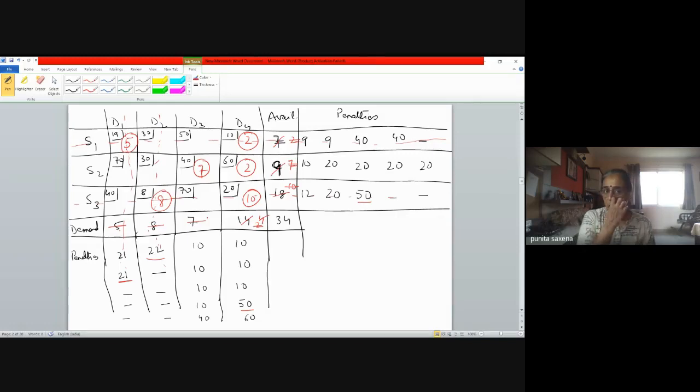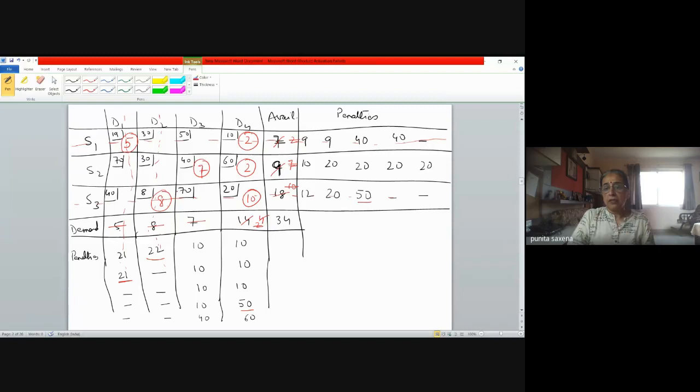That means all available products supplied, all destination demands satisfied. Now count the allocations that you have made. It's 1, 2, 3, 4, 5, and 6, equal to your m plus n minus 1.